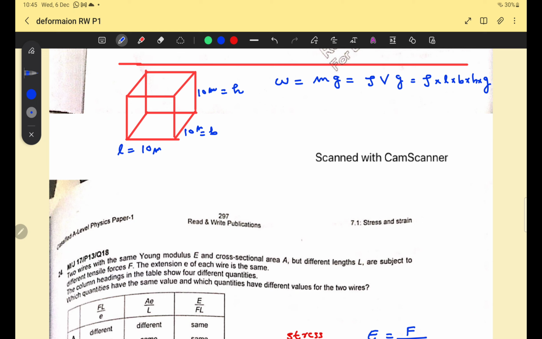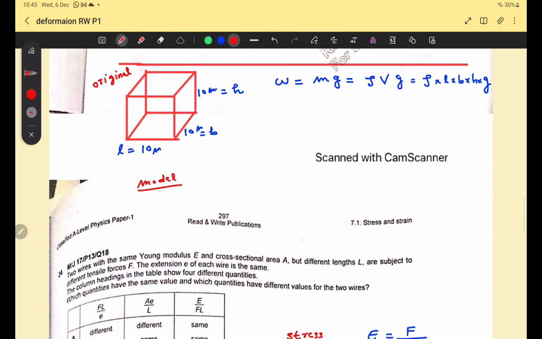Weight of a cube, weight is equal to mg. Mass is not given, so mass is replaced by density into volume. Volume is not given, so volume is length into breadth into height. This is the original block. And now we are making its model.